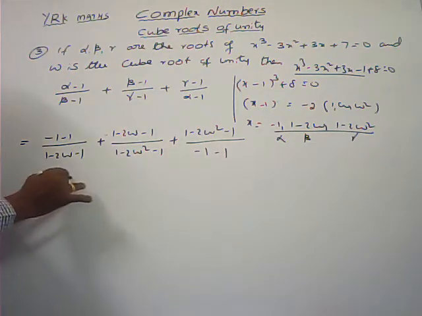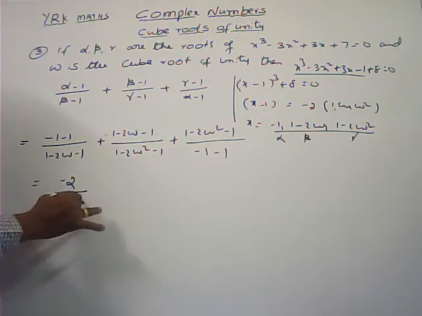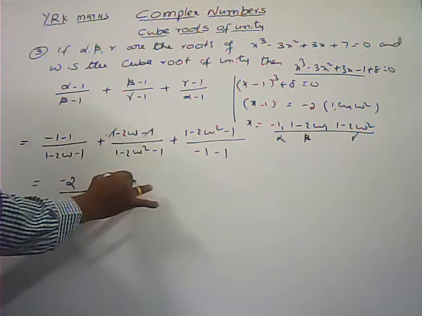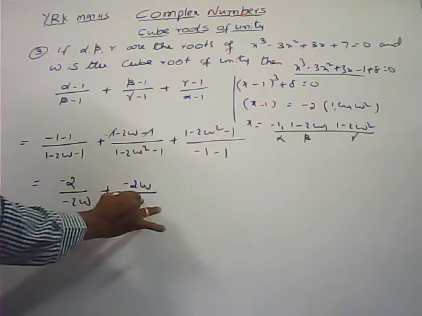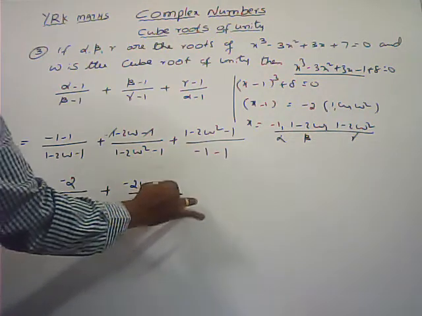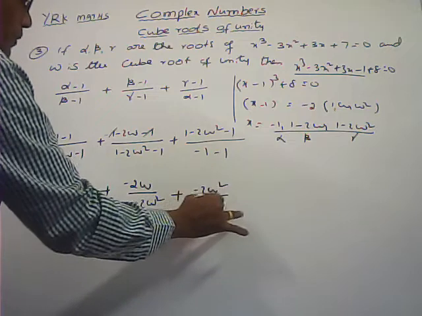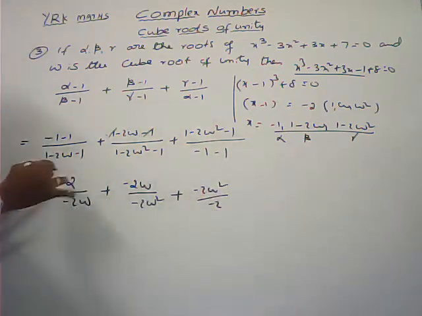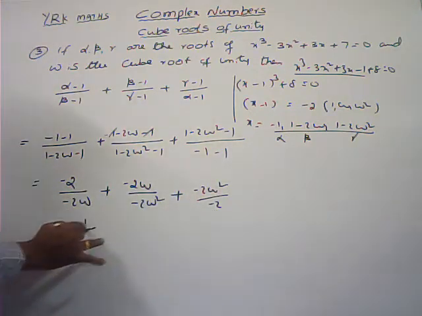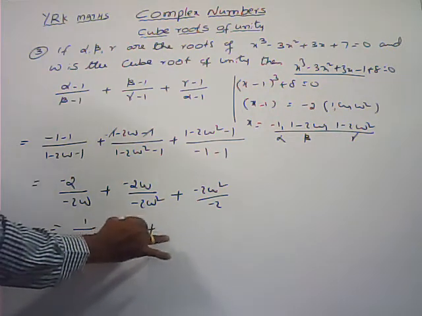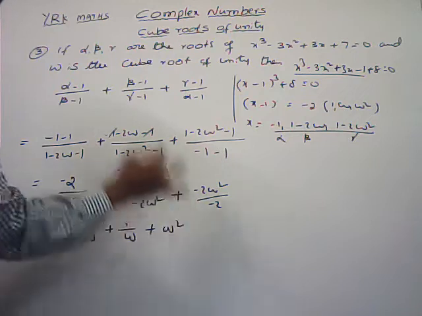So this is minus 2 by minus 2 omega plus, here these two get cancelled, minus 2 omega by minus 2 omega square plus, here also minus 2 omega square by minus 2. Here minus 2 gets cancelled, 1 by omega plus, here also 1 by omega plus, this is omega square.